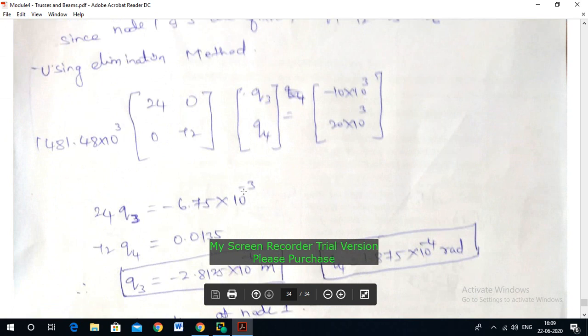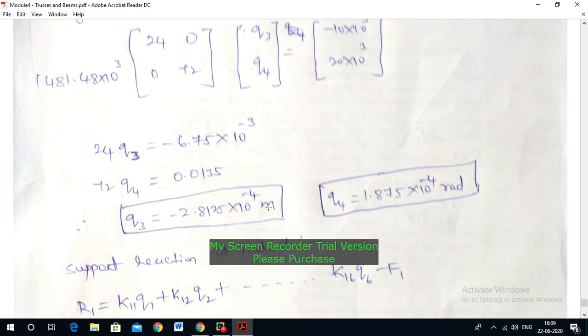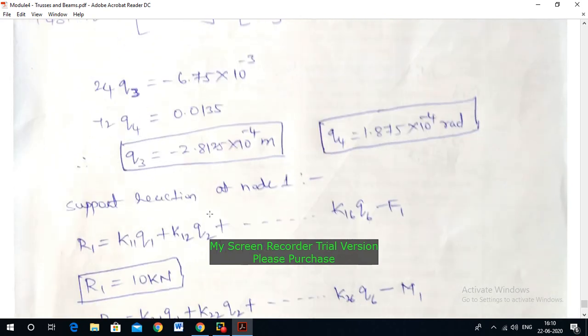Simplify this equation, I will get two equations, and solve them. I will get Q3 is equal to minus 2.812 into 10 power minus 4 meter, Q4 is equal to minus 1.875 into 10 power minus 4 radian.